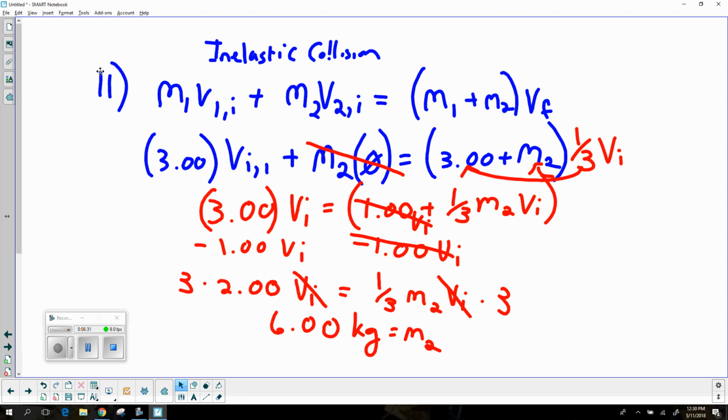You'll see that the initial velocities eventually cancel out, leaving you with your mass. The trick is how to set them up, and then once they're set up correctly, the algebra just goes with it.